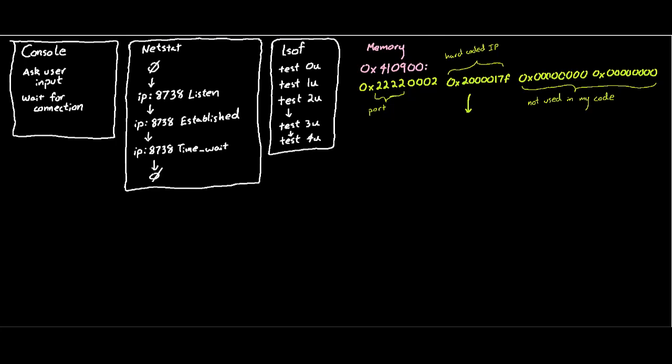I didn't label it. And then the next thing you'd have is the port number, and the port number I have hard coded as 2222 in hex, which is 8738. That's also a half word.